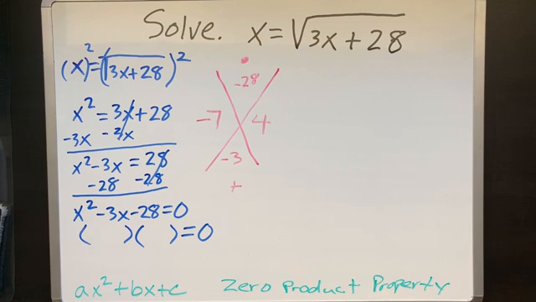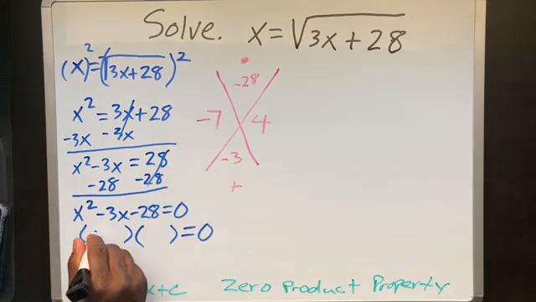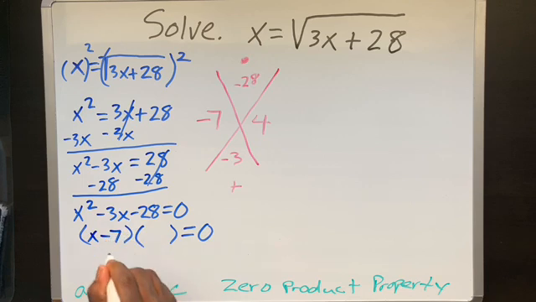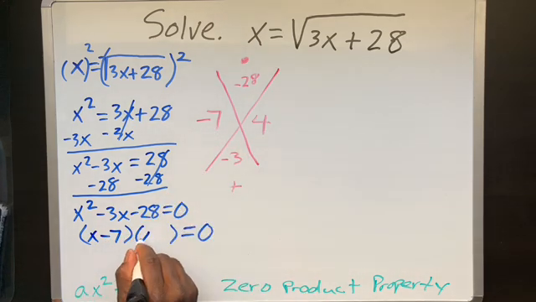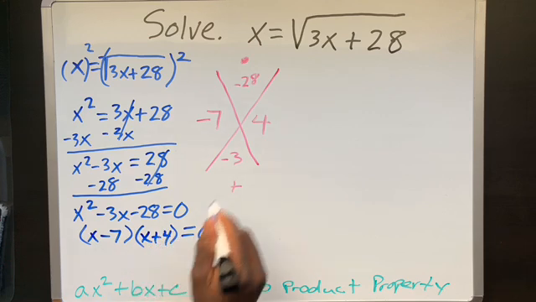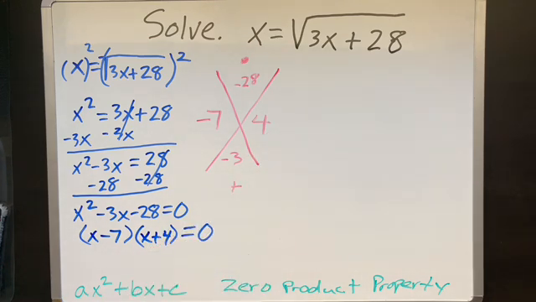So we're ready. Let's go ahead and write the factored form. We're going to say x minus 7, taking that negative 7 right there, and then x plus 4. That 4 goes right in there.